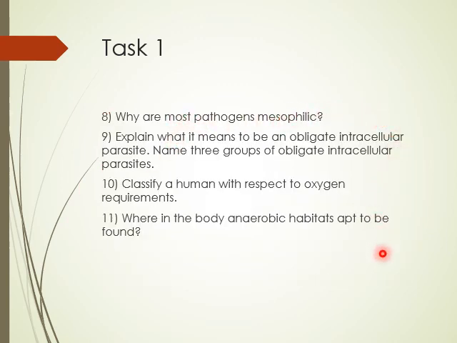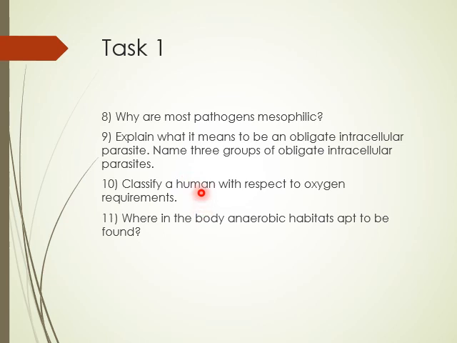So we have more questions here. I have also touched on this question, right? Why are most pathogens mesophiles? And then examples of obligate intracellular parasites. Of course, you need to find examples.